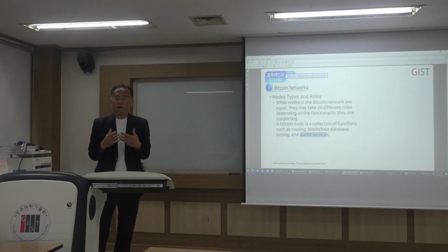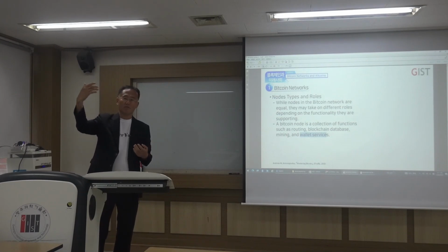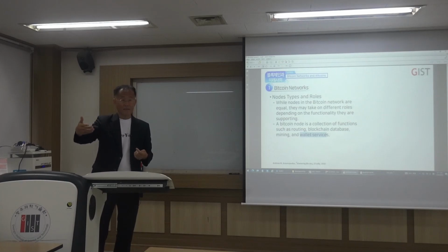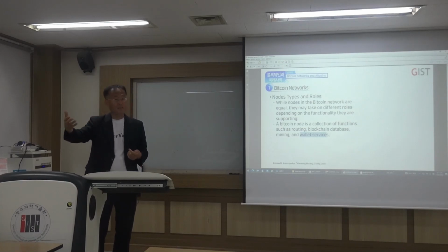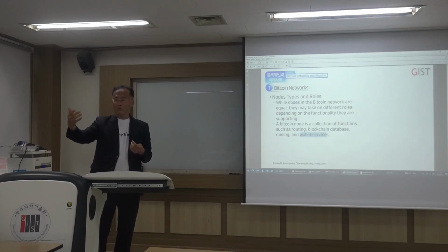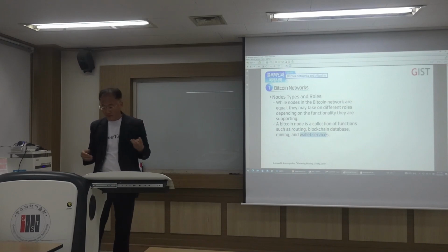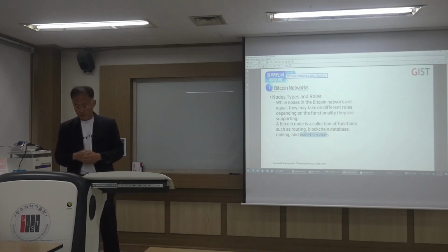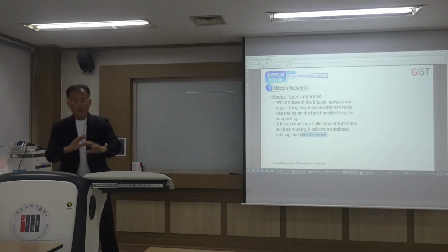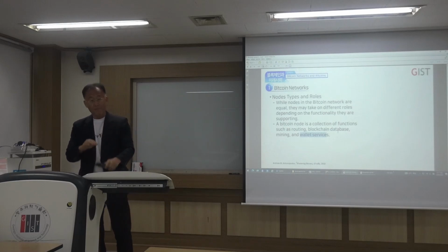And then what other kinds of function could a wallet have? If there are transactions stored in a block, it should be able to read the block and make sure that the transaction that you sent has been included in the block. So the wallet has these functionalities. And a wallet is basically an app, right?